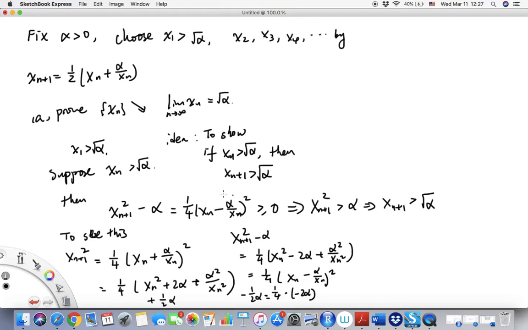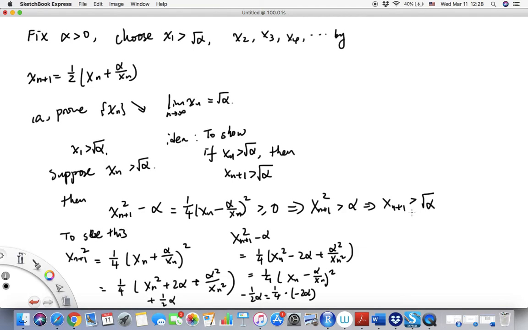So what we have shown here is if xn is greater than square root alpha, then xn plus 1 is also greater than square root alpha. Now, since x1 is greater than square root alpha, by induction, everything is greater than square root of alpha.